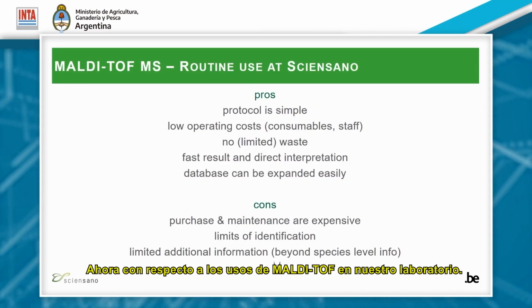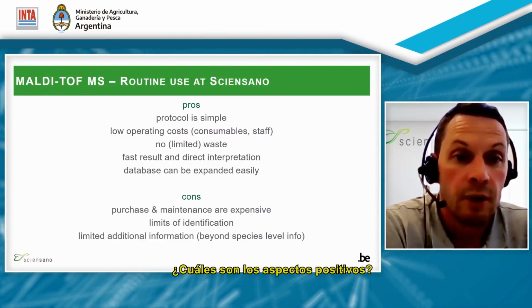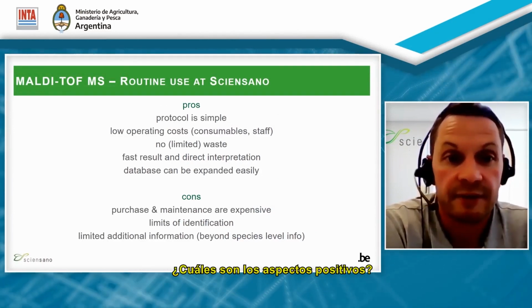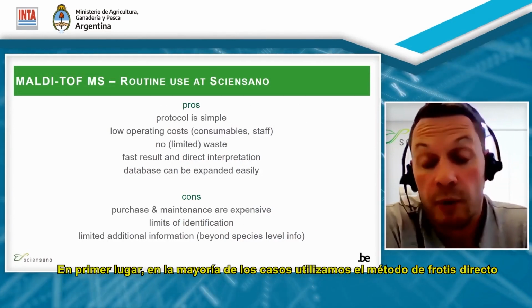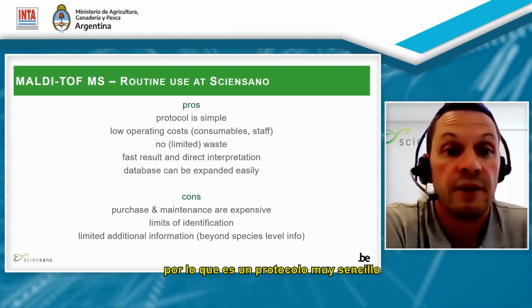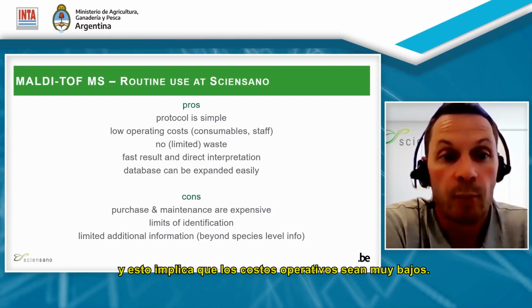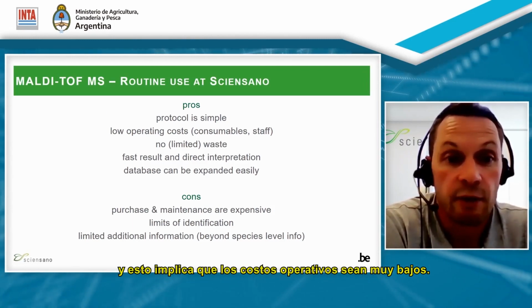Now, regarding the use of MALDI-TOF at our lab, what are the positive aspects? First of all, in most cases, we use the direct smear method. So it's really a very simple protocol, which means that regarding operating costs, they are very low.